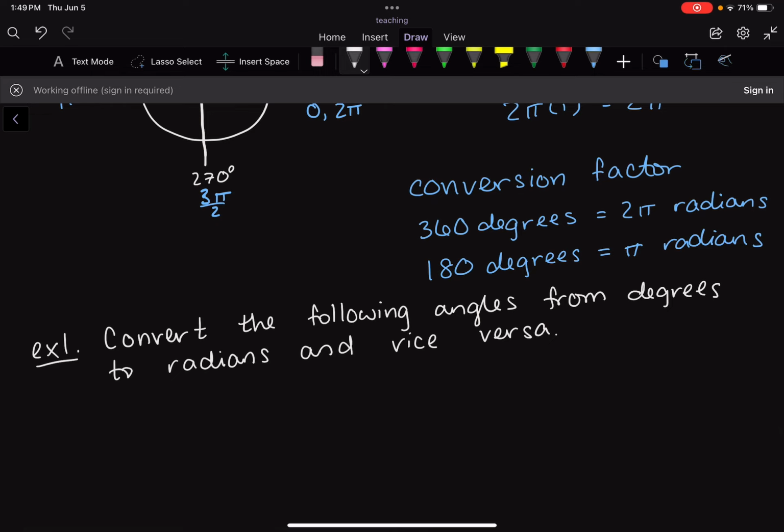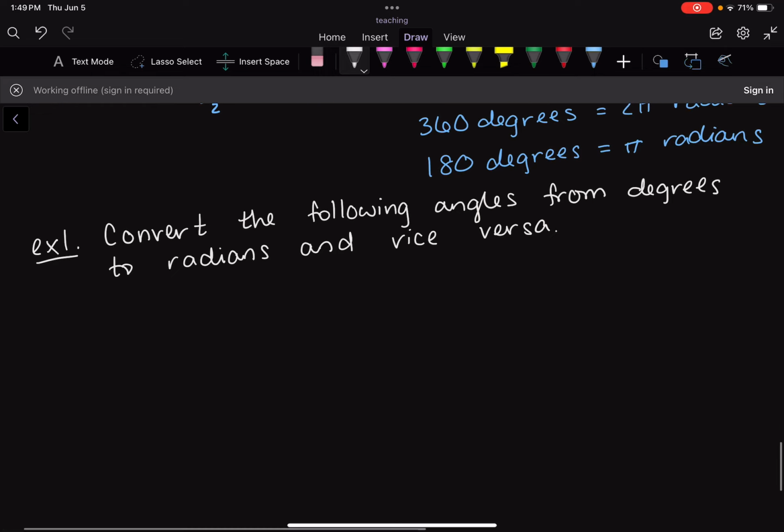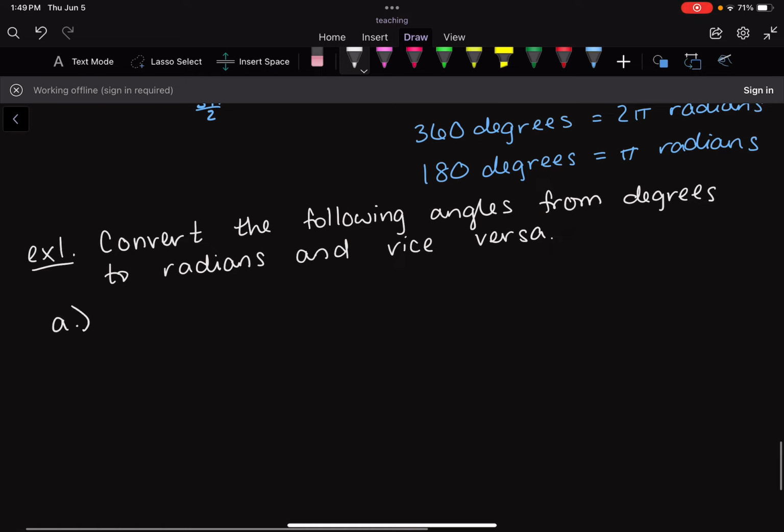So we'll do some from degrees to radians, and we'll also do some from radians to degrees. Starting off with part A, let's look at 270 degrees. Part B, I'll do a negative angle. Let's do negative 210 degrees.